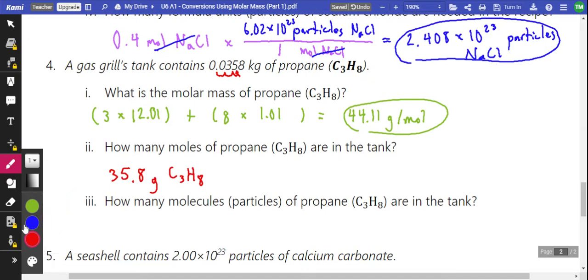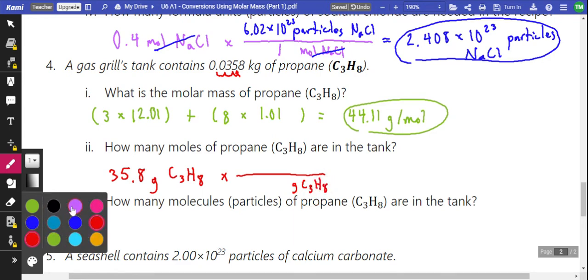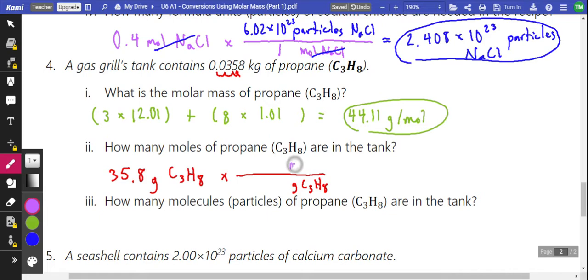Okay, now we can do our conversion. So multiply by a fraction bar. I'm trying to get rid of grams of C3H8 on the bottom. I'm trying to get to moles on the top. Now the question is, how many grams are in 1 mole of C3H8?